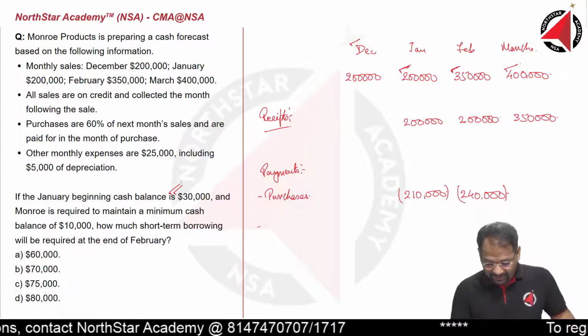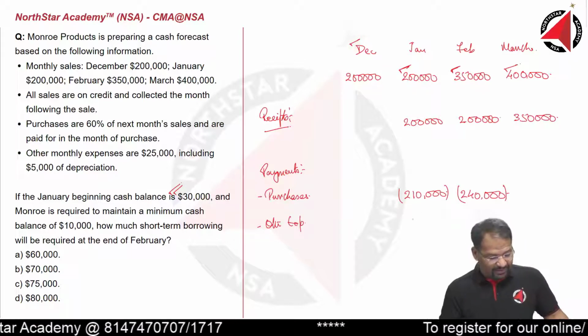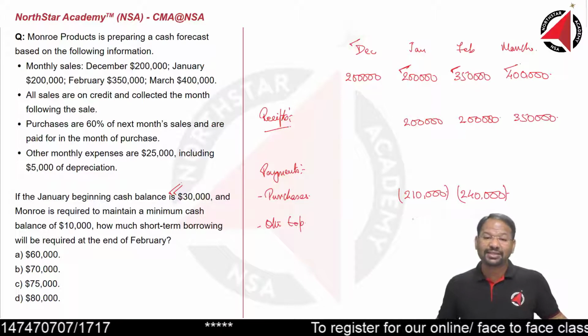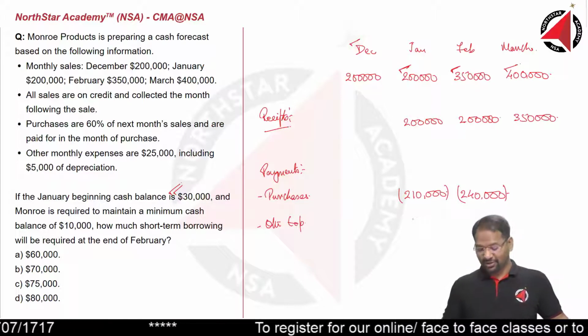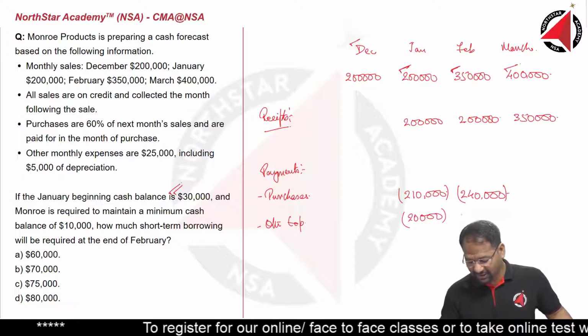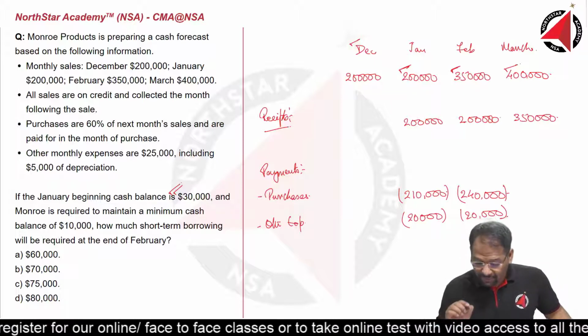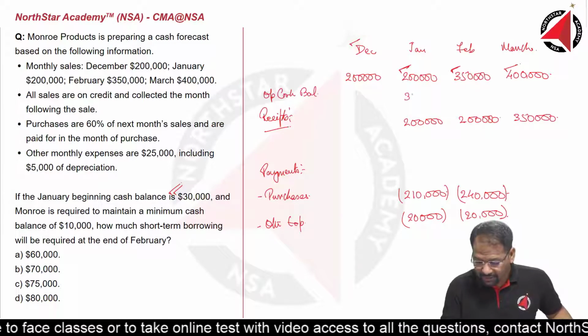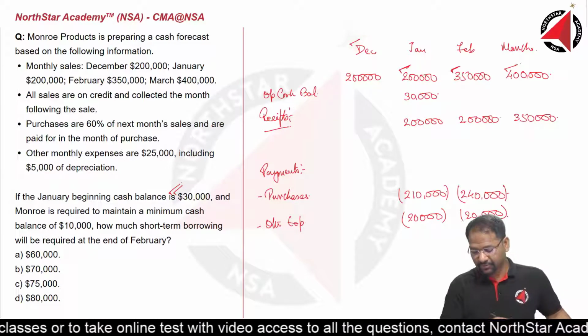Next, other expenses. Other expenses is 25,000 including depreciation. Depreciation is a non-cash expenditure. So we are going to take only the cash portion of other expenses. Alright. So we have opening cash balance. How much? $30,000.